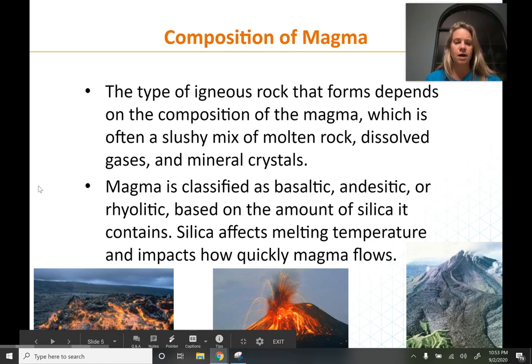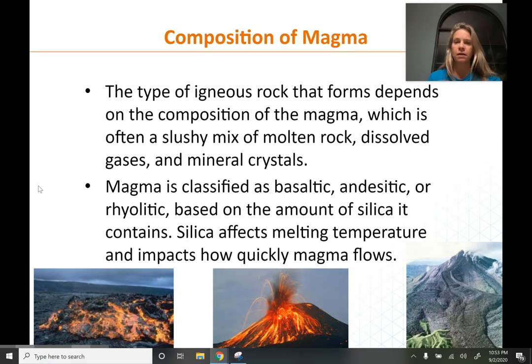It's kind of chunky lava that is cooling and forming a chunky rock, and it's very dark. Basaltic tends to be very dark colored, like Hawaii, and then andesitic is a light to medium color, and then rhyolitic has a reddish tint.